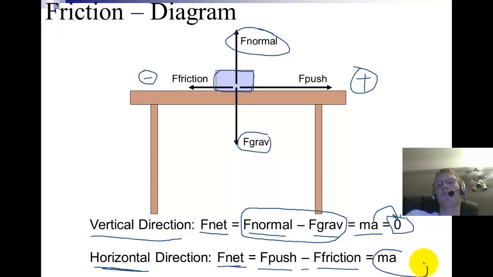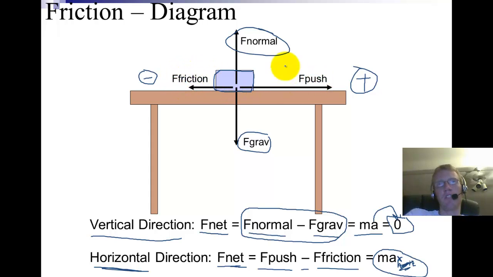And that's going to equal ma, and we can even put a little subscript right here, ma horizontal. Or even better, let's call this ma sub x. That's even easier, right? If you treat the horizontal axis as the x-axis, this is ma sub x. Okay, so the object, according to the picture that I have here, is going to accelerate to the right because the force of the push is larger than the force of friction.